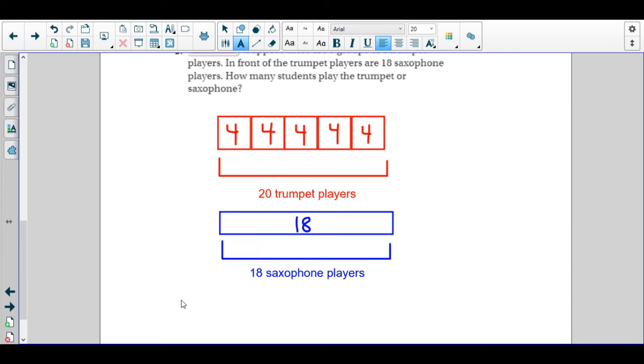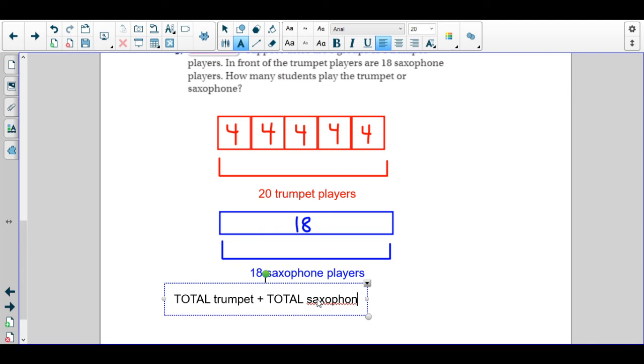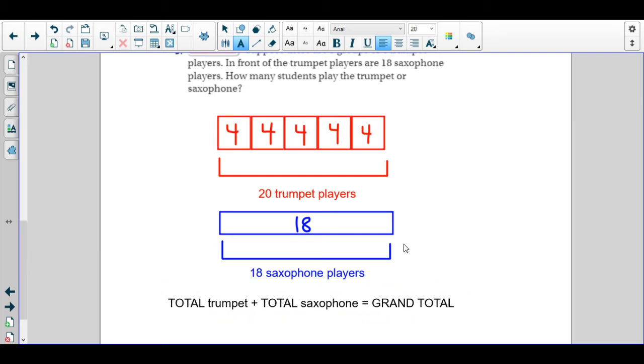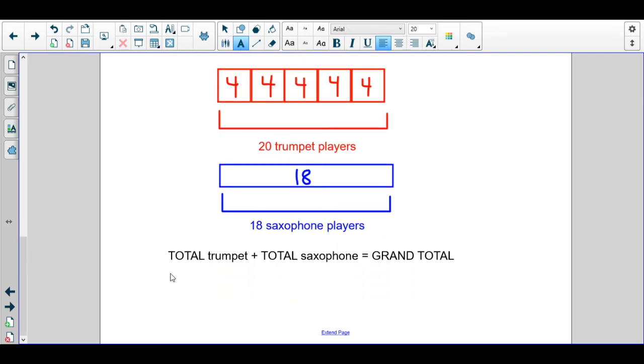So what we're going to do is get the total trumpet and add that to the total saxophone to get the grand total. Okay, so what did we have for the trumpets?